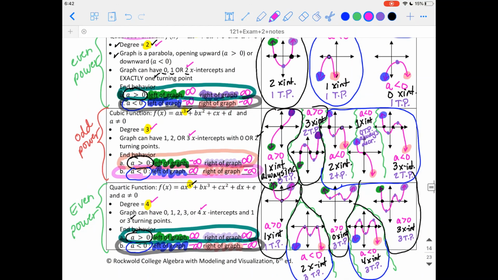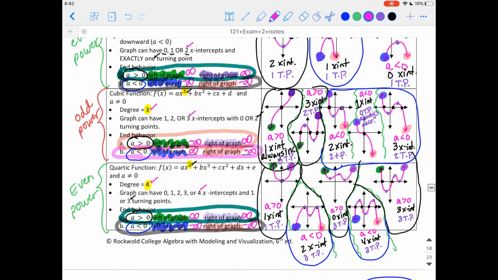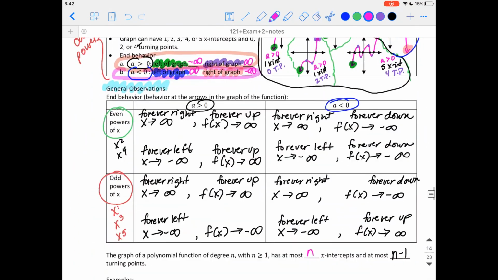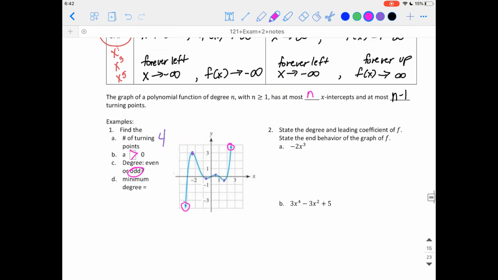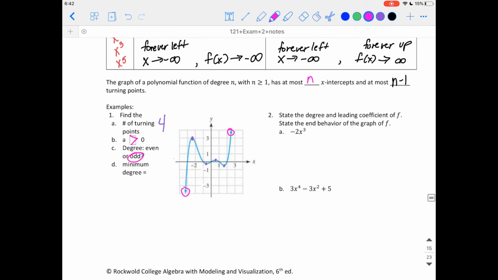And that's going to happen with all even powers. Odd powers are one side's going to be going down and the other side's going to be going up, or vice versa. So for this graph, one side is going down, the other one's going up, so it has to be odd.